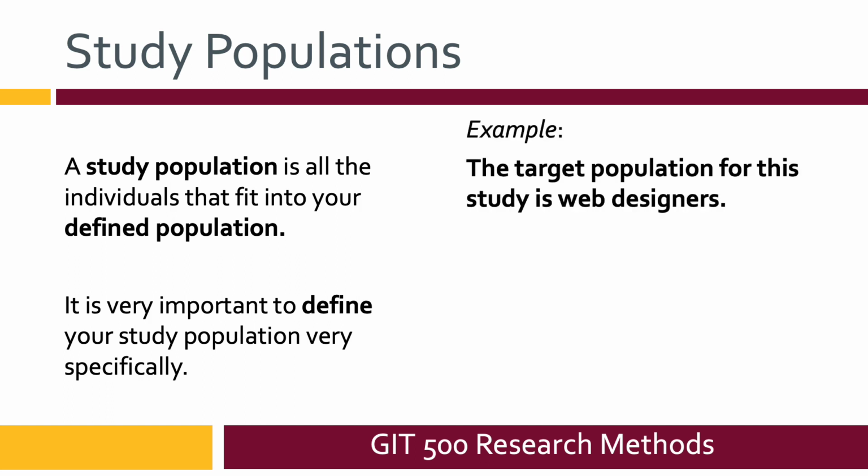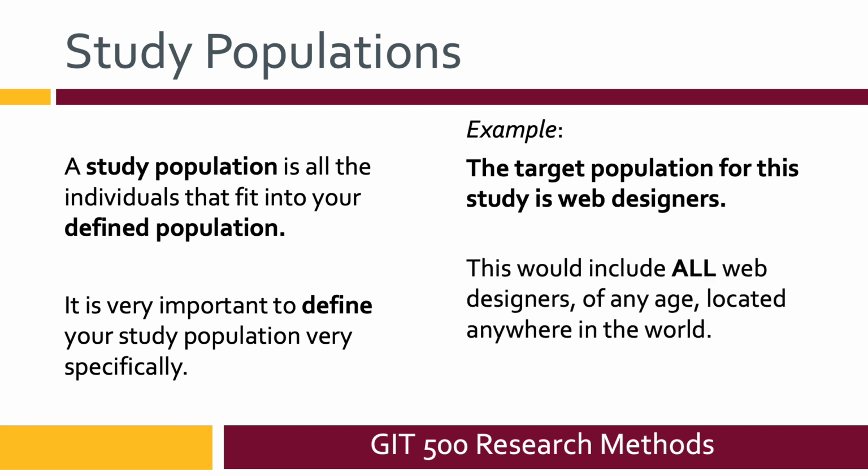For example, if you said your target population for your study is web designers, this would mean all web designers of any age located anywhere in the world. That would be a lot of people.